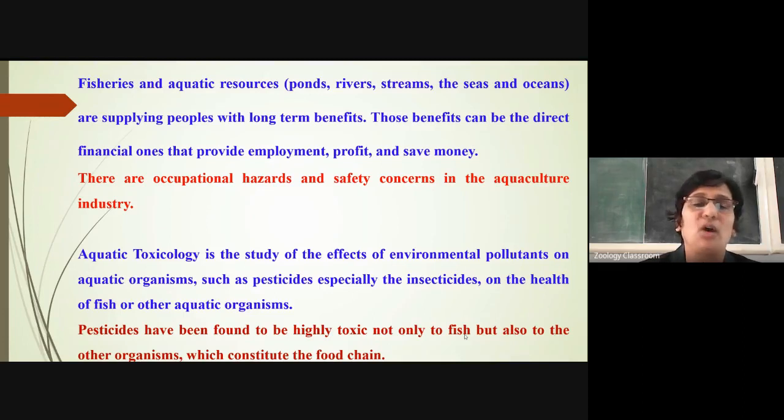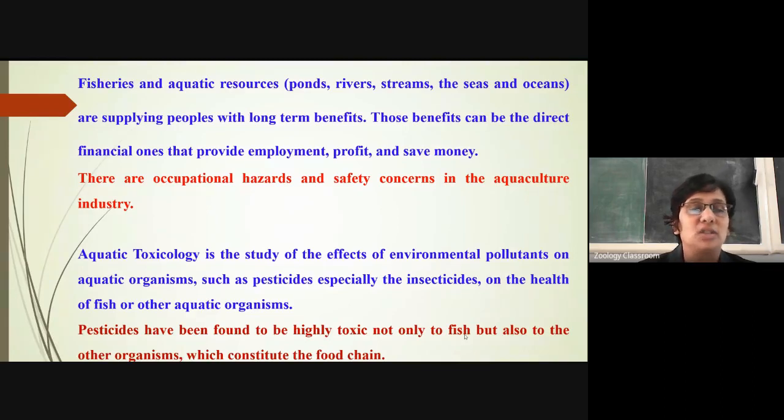So there are long-term benefits of aquatic resources. But as there are benefits, there are also occupational hazards and safety concerns in the aquaculture industry.